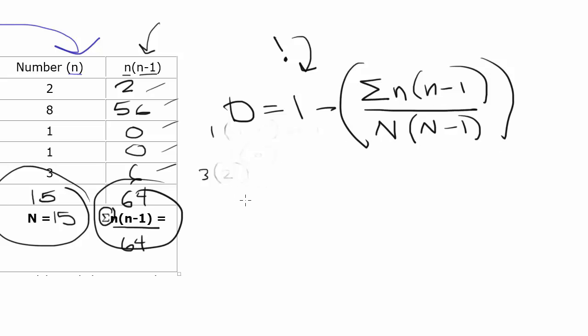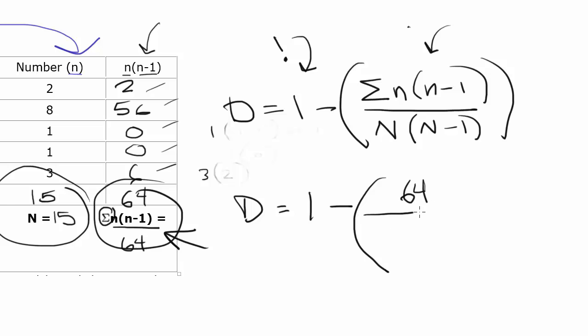So I'm going to write it again with some of the values in there. This is like saying D equals 1 minus, and how do we figure out this upper value here? We already have it in the table down here. We already figured out that the sum of all the n times n minus 1s, the lowercase ones, is 64. So in here, I'm going to say 64 divided by, we have not figured out this value yet.